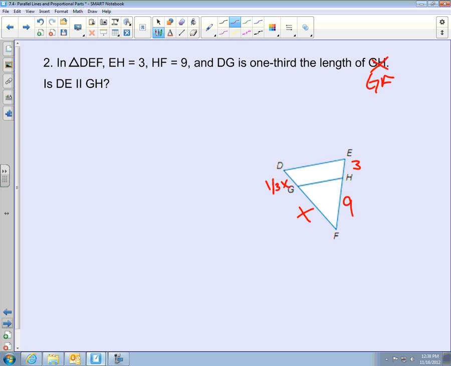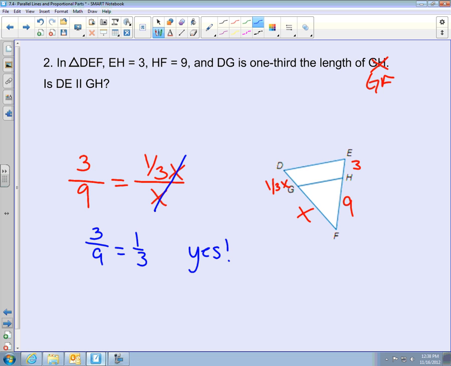Okay, so let's set up our proportion. If these are proportional, then we will know that DE and GH are parallel lines. So I'm just going to have 3 and 9. And 1/3 goes with the 3 because they're both the smaller portions, and X goes on the bottom. And if I look here, I can see an easy simplification. I have an X in the top and an X in the bottom, so those cancel. So we have 3/9 equals 1/3. And so yes, this is proportional. So if it's proportional, then DE is parallel to GH.